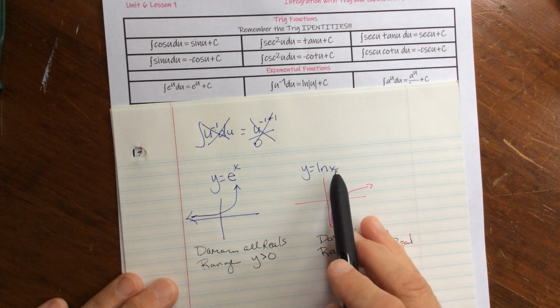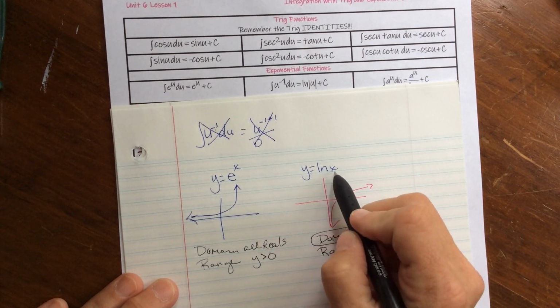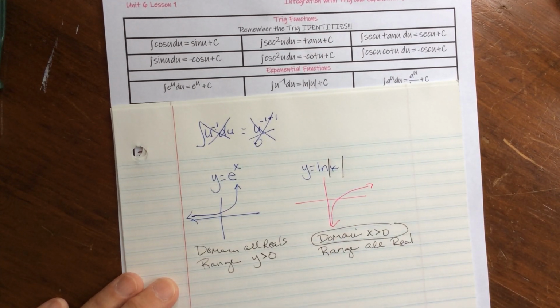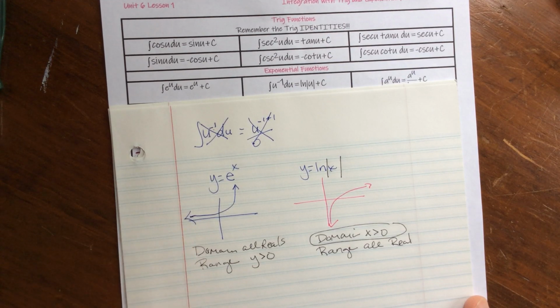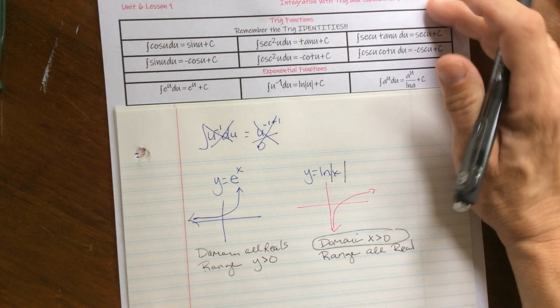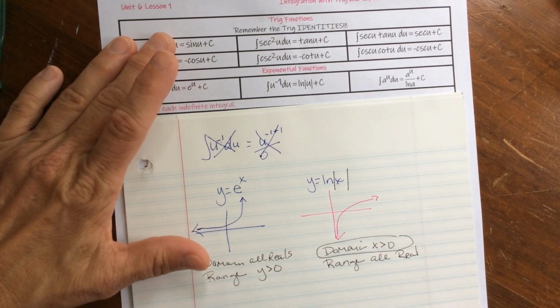So, if x has to be greater than 0 in our formula, we have to have the absolute value of x so that we force the values to be positive, okay? Especially when they're unknown. So we'll see that as we work through some of these examples.